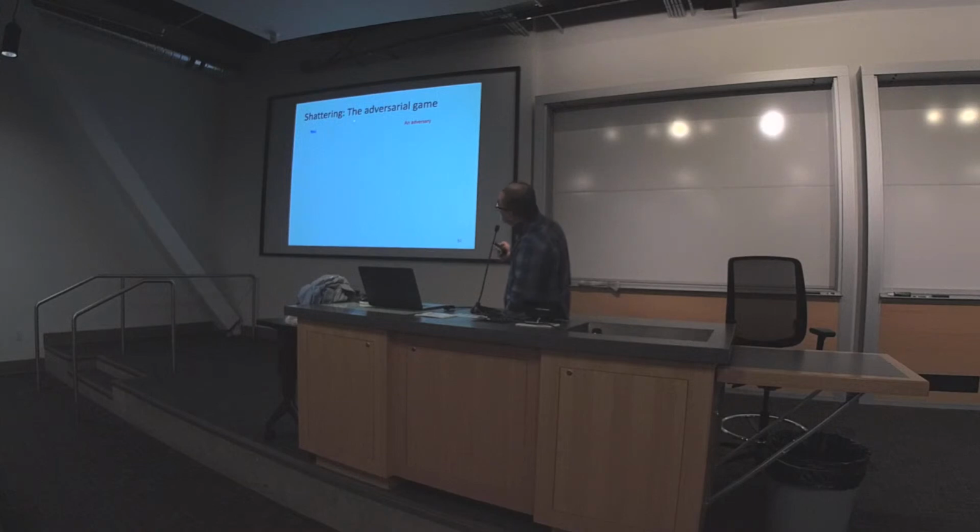So you can see that shattering is like playing an adversarial game. You claim that your hypothesis class H can shatter these points, and the adversary says, okay, that's what you think. Look at this labeling scheme. Can you win it? You work out some hypothesis in a hypothesis space that correctly predicts your evil labeling.